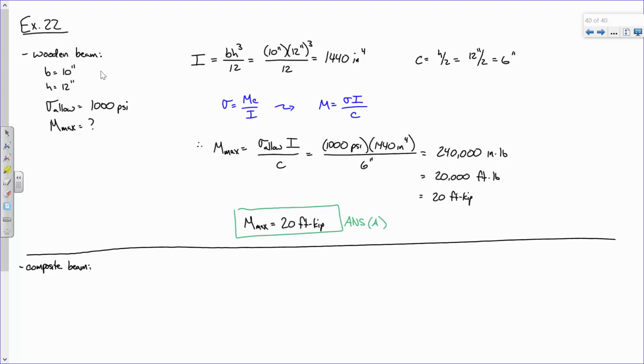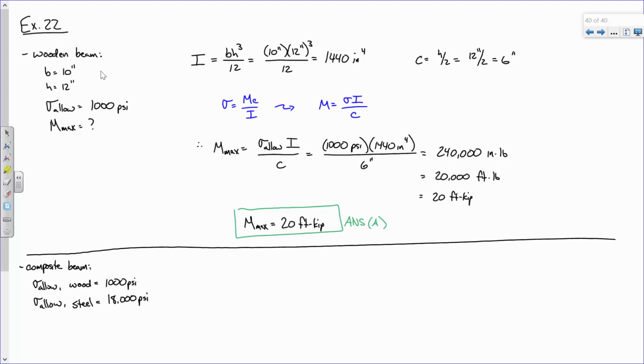Okay, so here's the composite beam. Now, in order to address this composite beam, I'm going to write a couple of things down. Sigma allowable for the wood is 1,000 psi, and sigma allowable for the steel is, let's see, it was 18,000 psi.